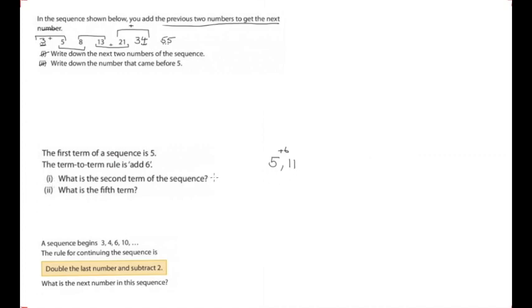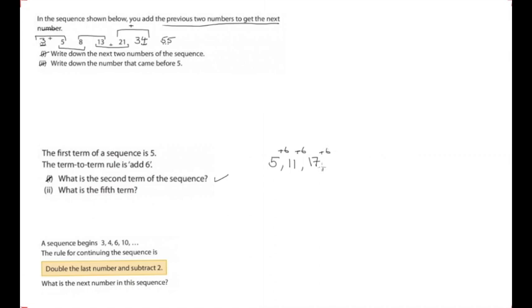Oh, it won't let me draw, but I'll just tick it. Done. What is the fifth term? Okay, maybe now it'll let me do it. It will. What is the fifth term? Well, let's go through. Okay, so plus 6, 5 plus 6 is 11, 11 plus 6 is 17. That's the third term.